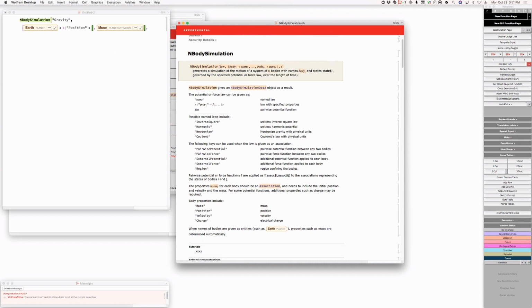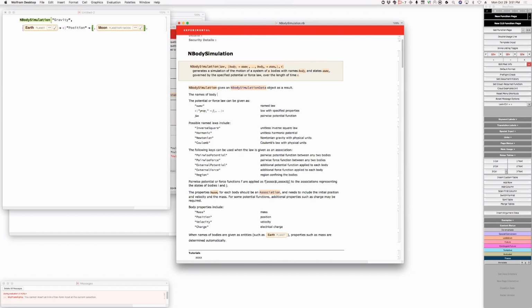Governed by the specified potential force law over the length of time, because we can say the state sub I gives the names of bodies, which are typically strings. Well, not necessarily. No. The states, state I, are given as associations.